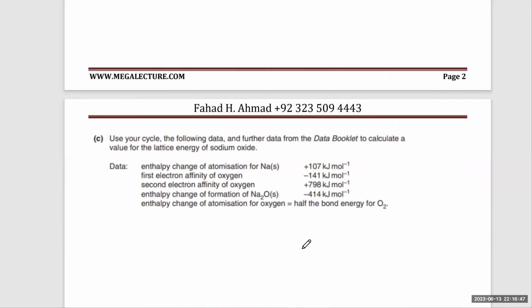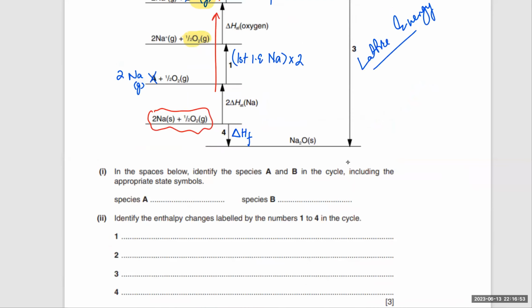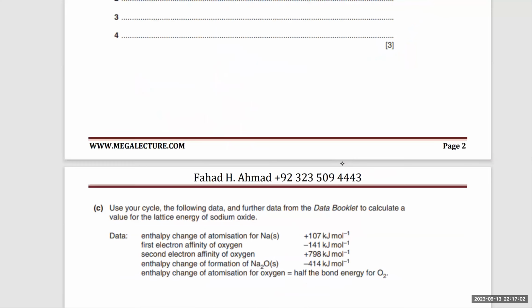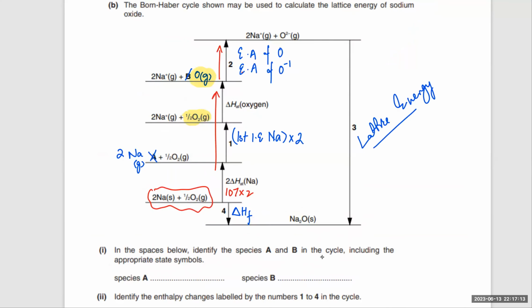Now, they've given us values for enthalpy change of atomization of sodium, that's 107. So this arrow over here is 107, and it's going to be times 2. The other one is they've given us the first electron affinity and the second electron affinity of oxygen, which is -141 plus 798. So this part over here is -141 and also plus 798.